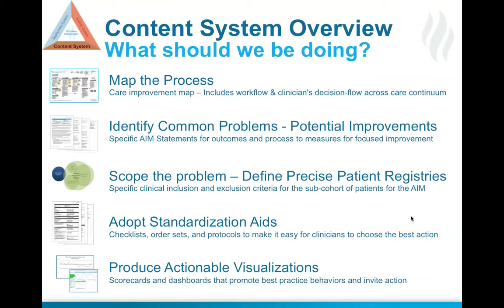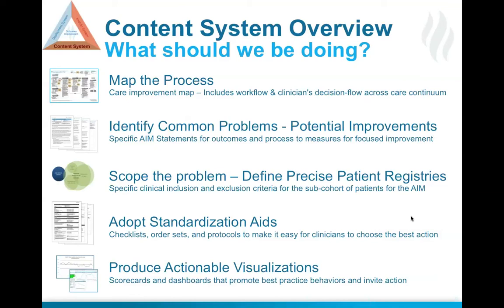It includes the workflow, and it includes the clinician's decision or thought process flow across the entire continuum. We'll then need to identify common problems or potential improvements. These are specific aim statements for outcomes and processes that we should measure so that we can focus our efforts on improving the things that matter most.